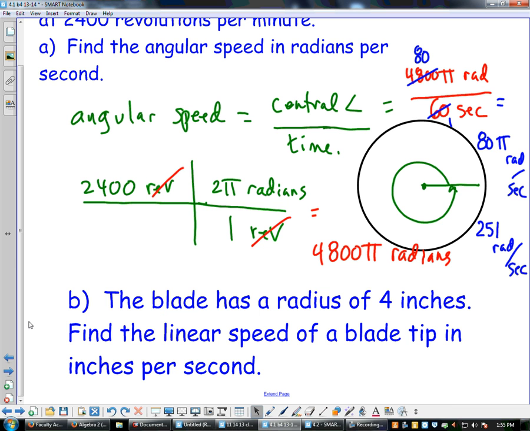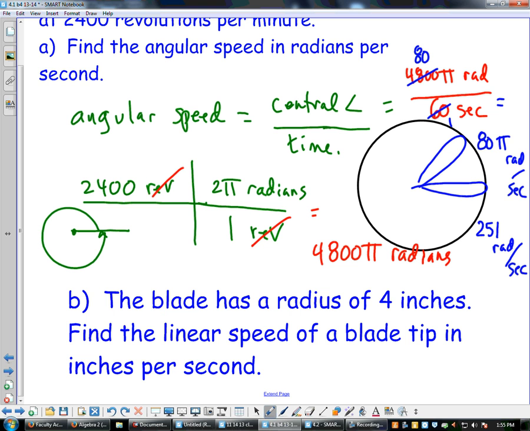So you're picturing this circular saw, and it's spinning, and it's got these ultra sharp blades, right, and it's spinning really fast. And the blade itself is 4 inches long. You with me? Okay, so we want to find the linear speed.